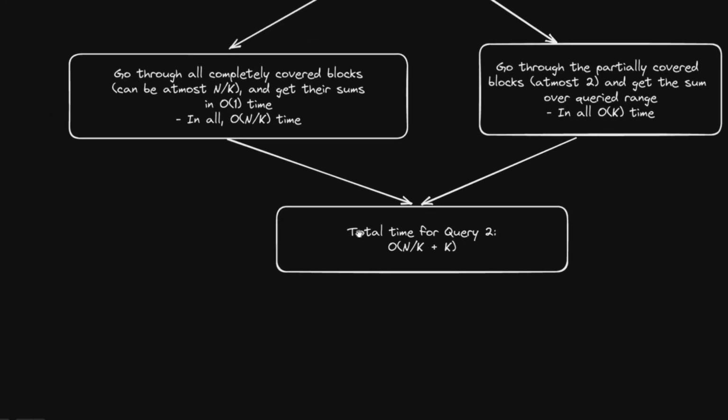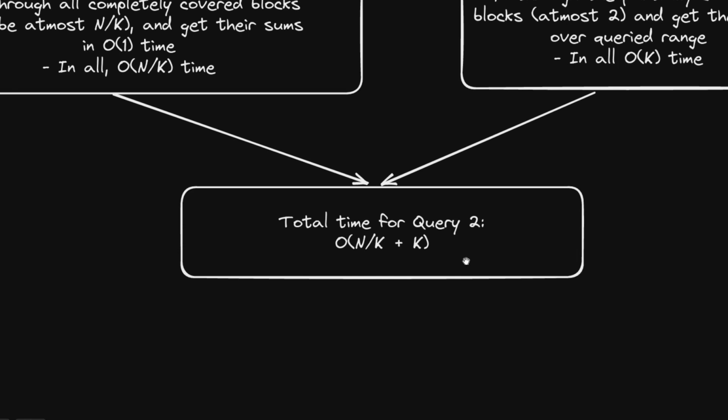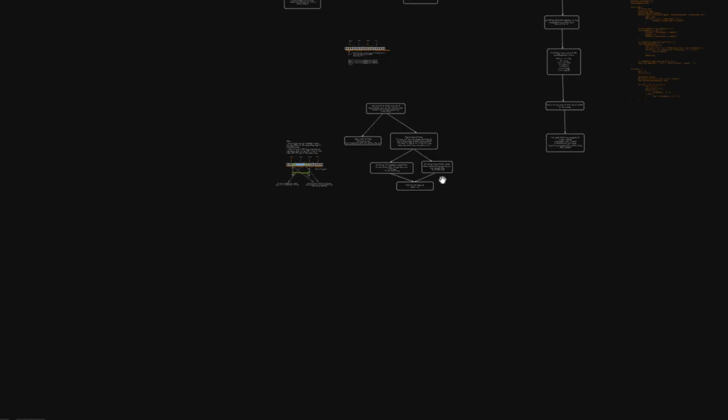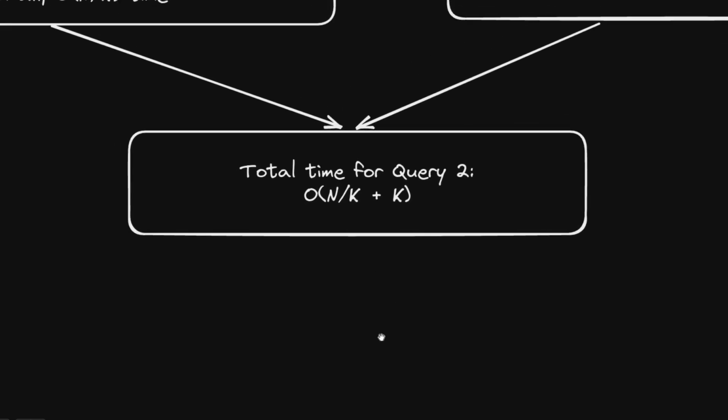Hence the total time complexity for the type 2 query after dividing the array into blocks of size k will be order n by k plus k, the sum of these two. So this is what we arrive at currently. Initially for the naive computation it was order n simply, but in this case we have arrived at order n by k plus k.